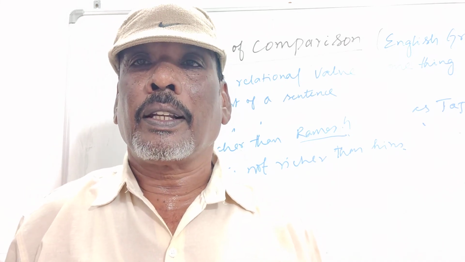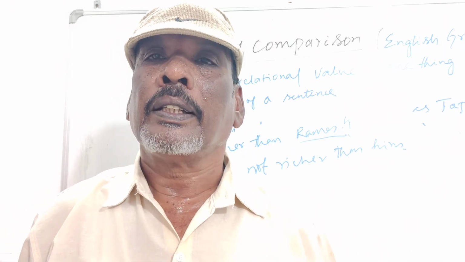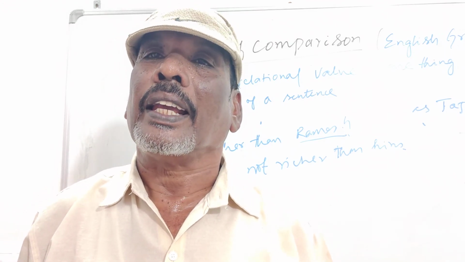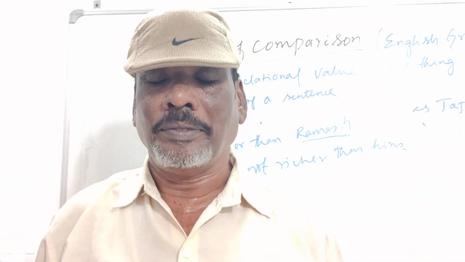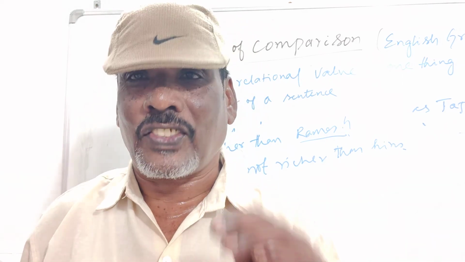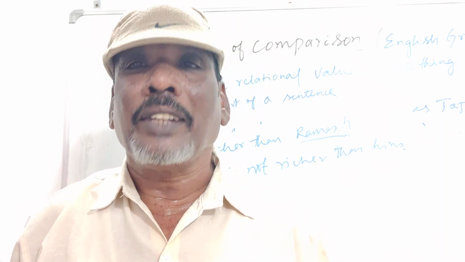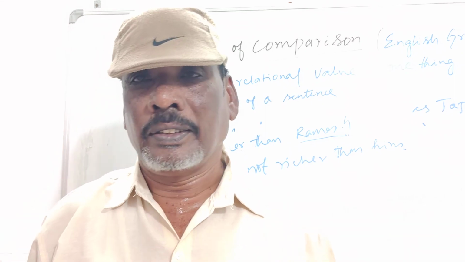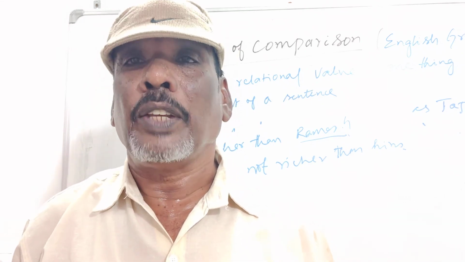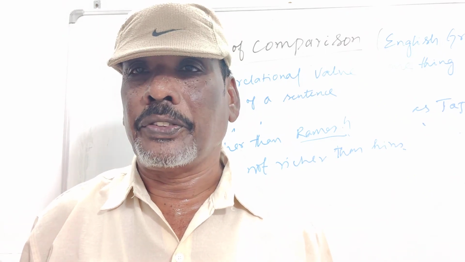Usually, comparative degree adjectives end with "er than", and superlative degree adjectives end with "est" and are preceded by "the". And positive degree will not have such features as we find in comparative and superlative degree adjectives.